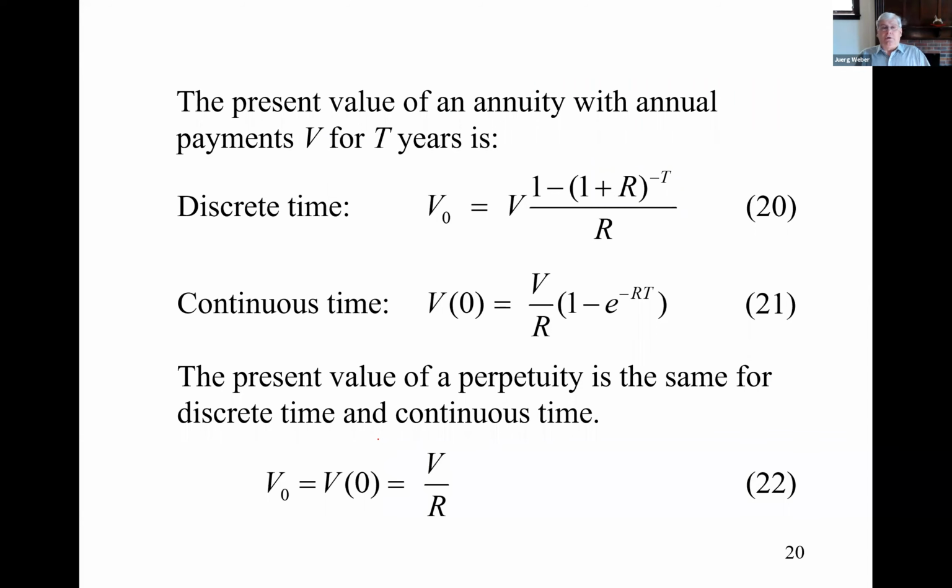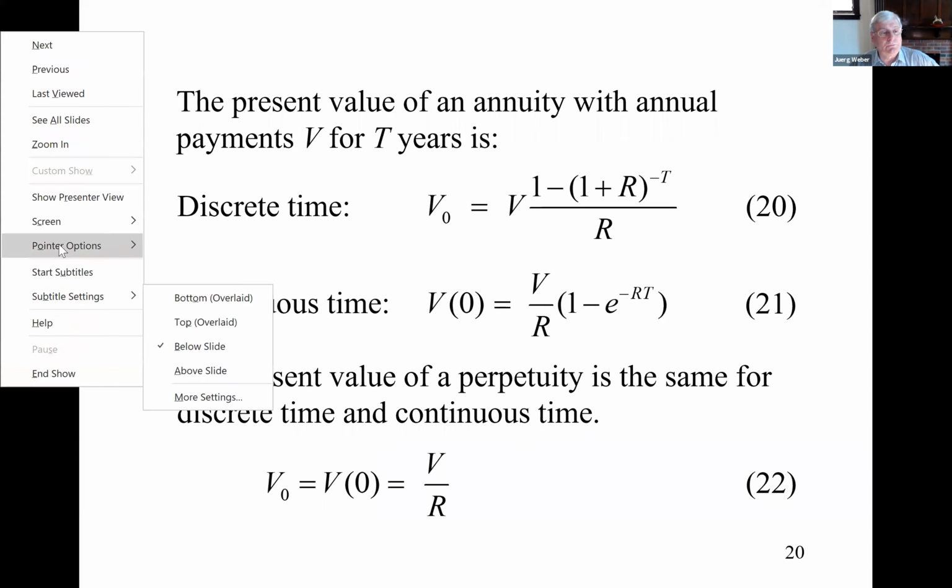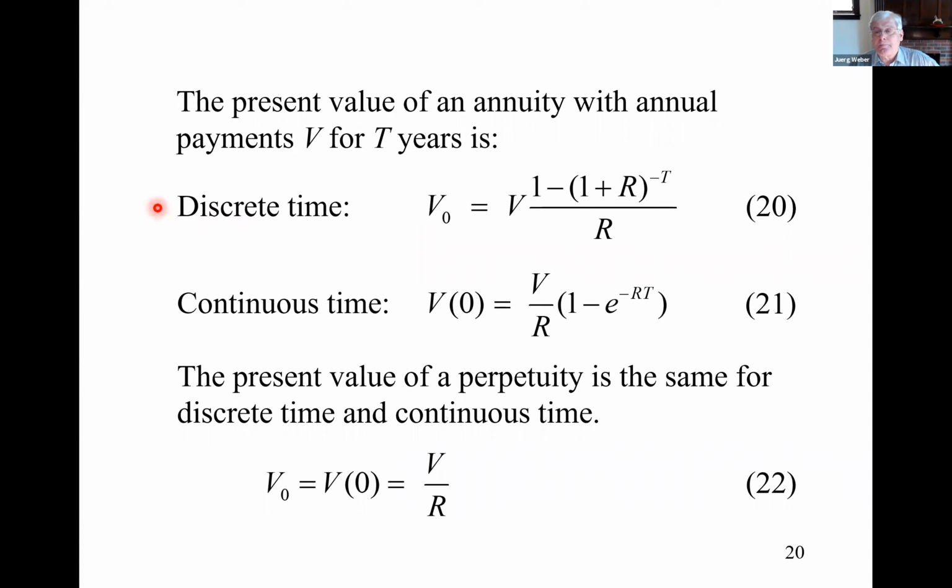Now, with annuities, it becomes a bit easier. We can derive some formulas for the present value. The present value of an annuity that runs for T years is given by equation 20. And if you work with continuous time, then it's equation 21.